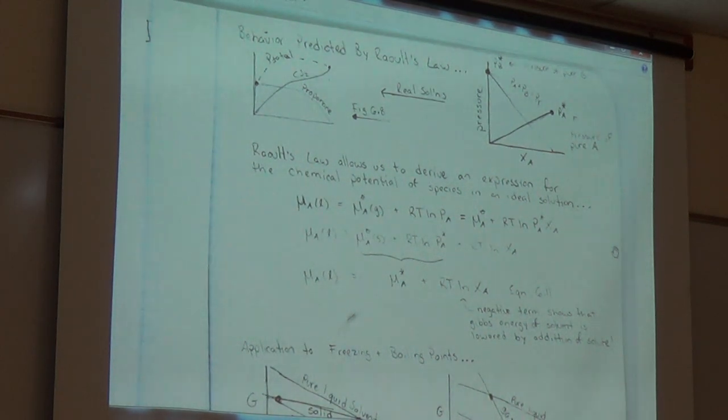So as the mole fraction of A goes to 1, so you're looking at a pure A component, in the limit, which is a highly dilute solution, you're going to have a pressure that's equal to PA star times the mole fraction, right?